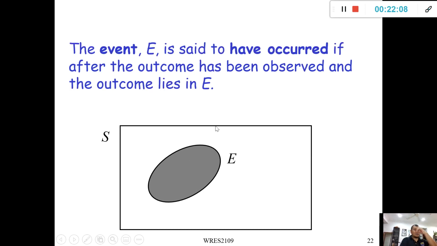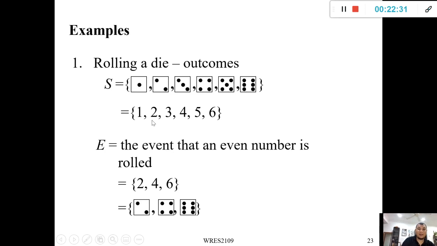The event E is said to have occurred if, after the outcome has been observed, the outcome lies within E. For example, rolling a dice, the outcome is 6.